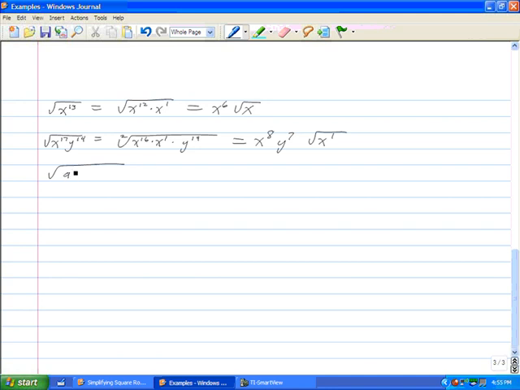In other words, if I had an a to the 7th, b to the 6th, c to the 11th, I could say, and again write down the 2 that's just imagined, 2 goes into 7 3 times, so a to the third comes out with a remainder of 1. 1 remains in. 6 divided by 2 goes 3 times with no remainder. 11 divided by 2 goes 5 times with a 1 remainder. So that's an easy trick that you can use to figure out what comes out and what stays in.